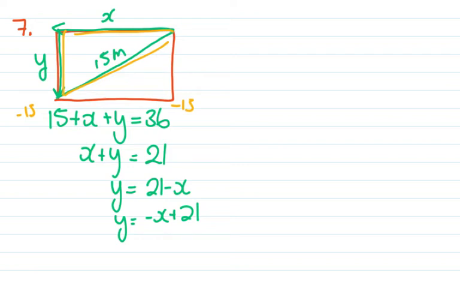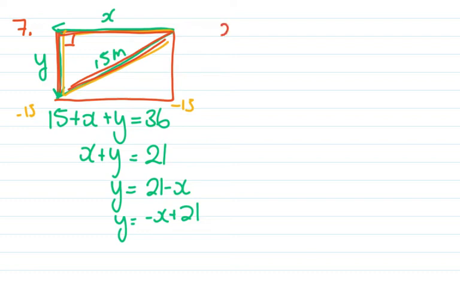The next part is that I can use the Pythagorean theorem to help me solve for x and y, because I know that this is a right triangle because the field is a rectangle, and this 15 meters would be the hypotenuse because that's the diagonal opposite the right angle.